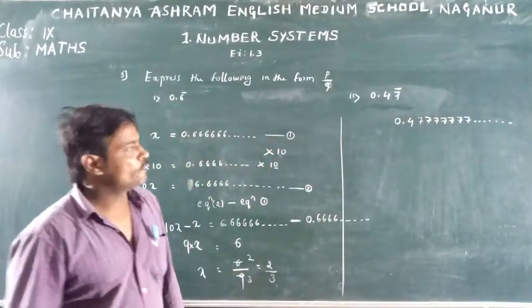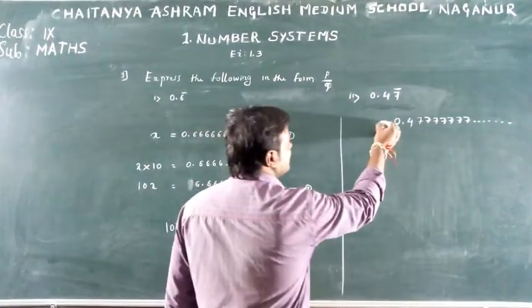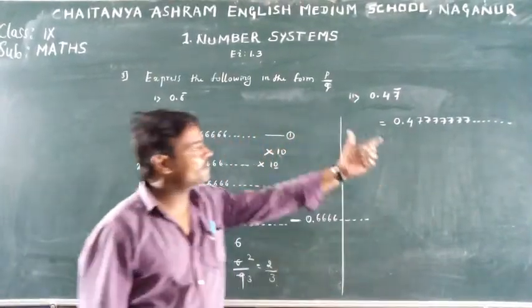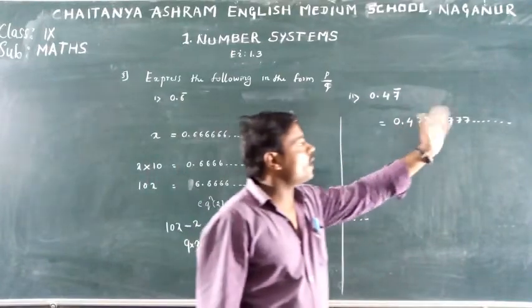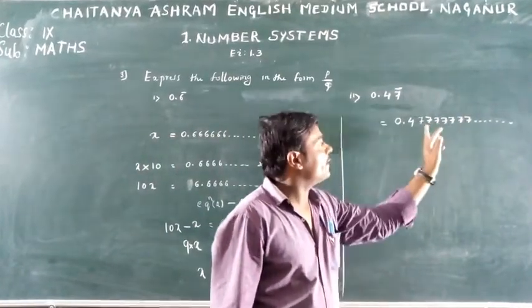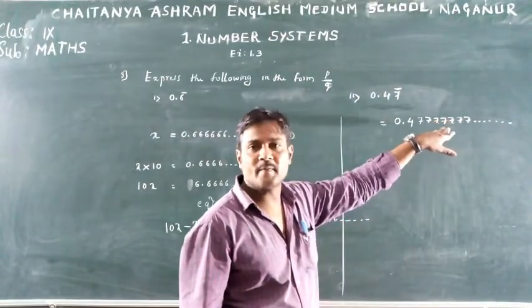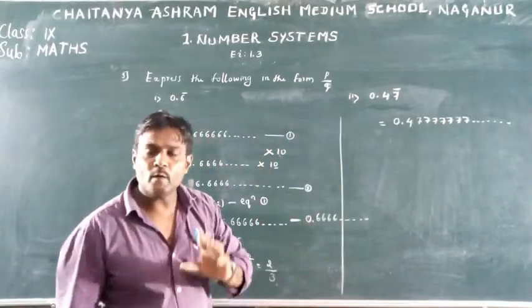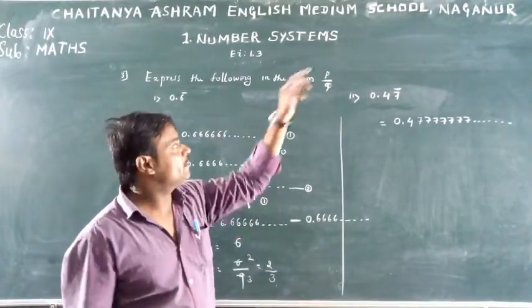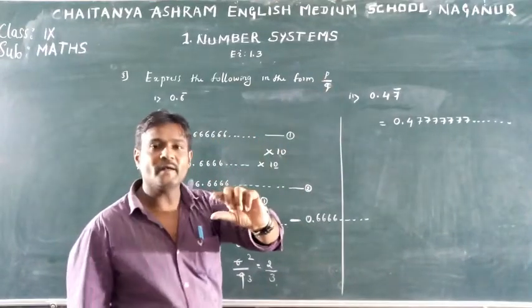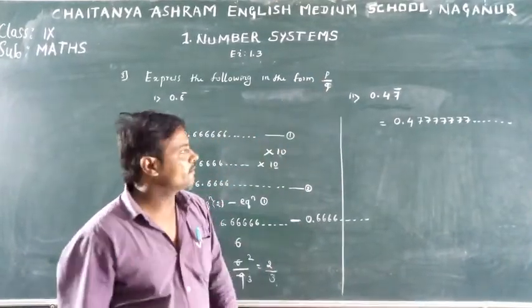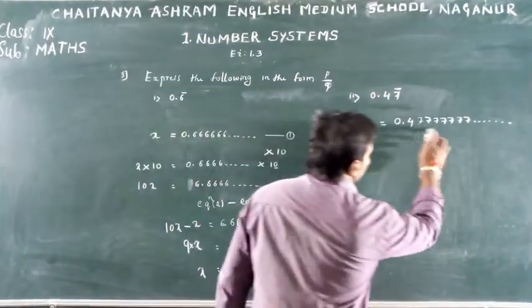Clear? So which type of decimal expansion is it? Non-terminating recurring decimal expansion. So this is the decimal expansion of a rational number. We have to find that rational number in the form of p by q. What is its numerator? What is its denominator? So this corresponds to a rational number.